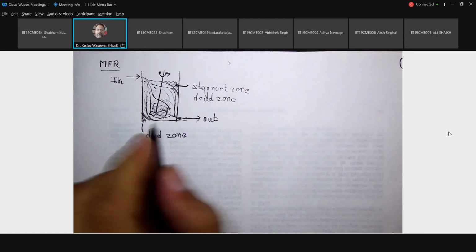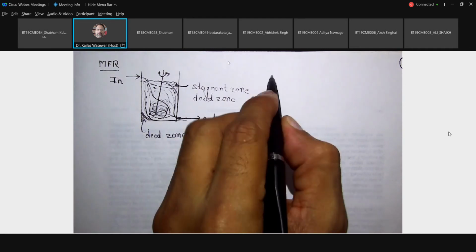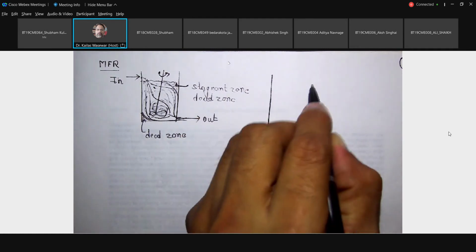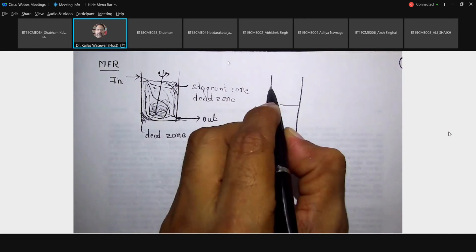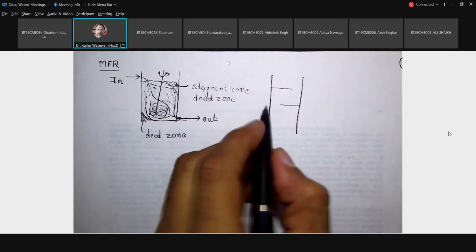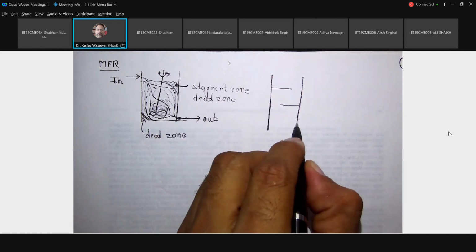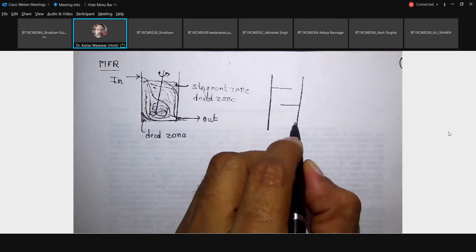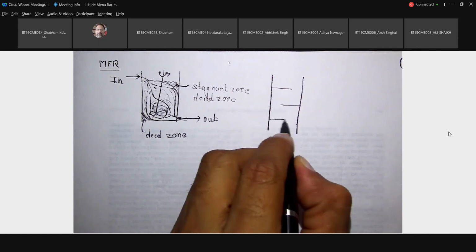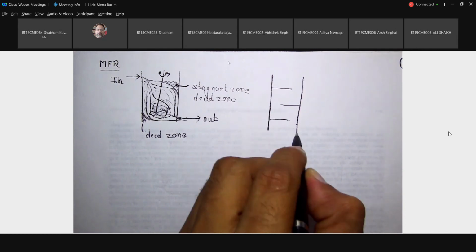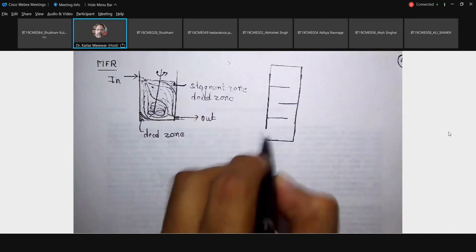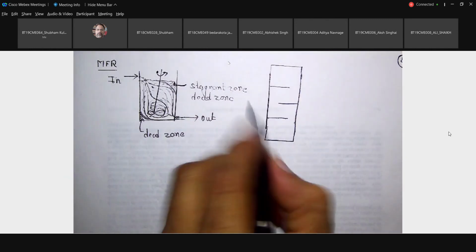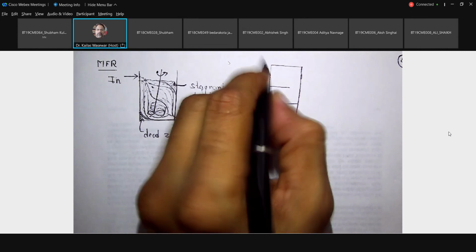Also, if you see this one, say our plate column. Suppose this is one plate, this is another one, this is another. And if I make it like this, suppose this is the inlet, this is the outlet.